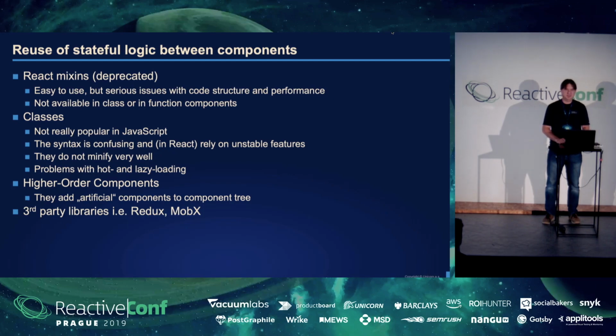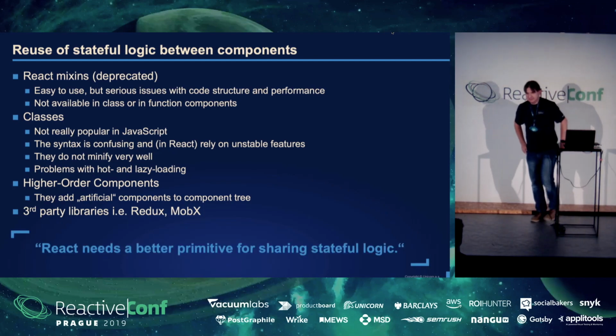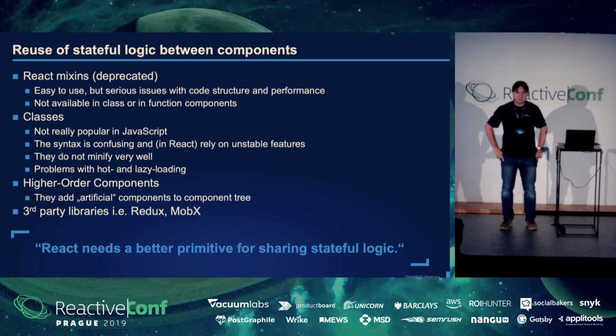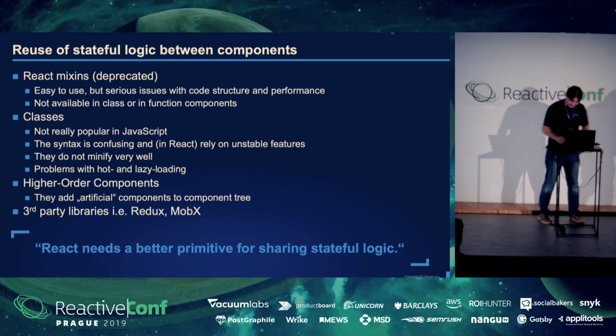And fortunately, React authors think the same. So they came with functional components. First, they came with higher order components and others, but the React hooks are, and this sentence comes from the official React documentation, the basic thing, how to share stateful logic in React.